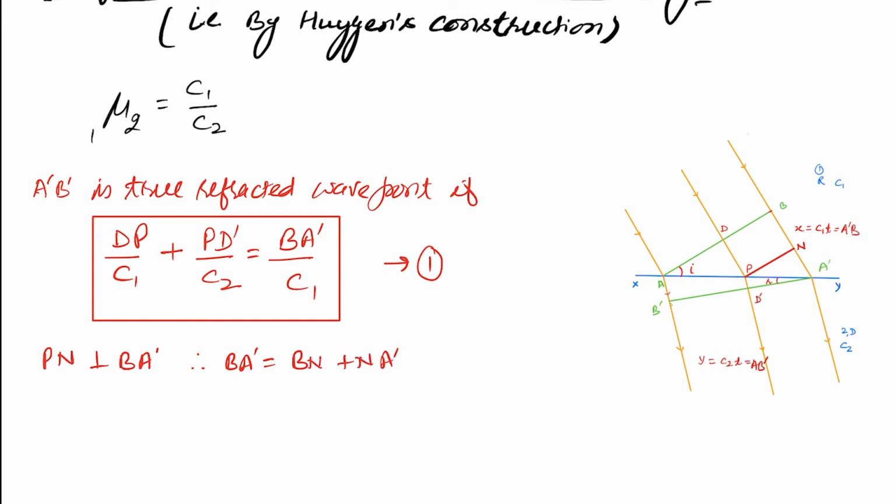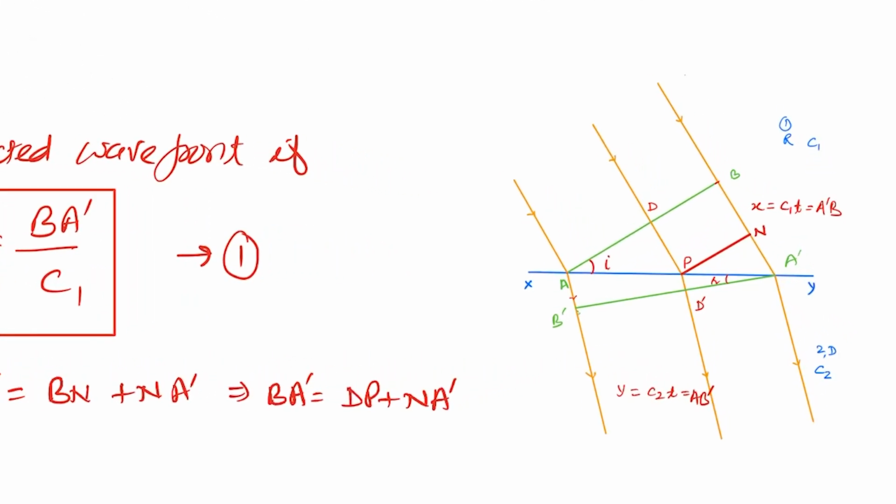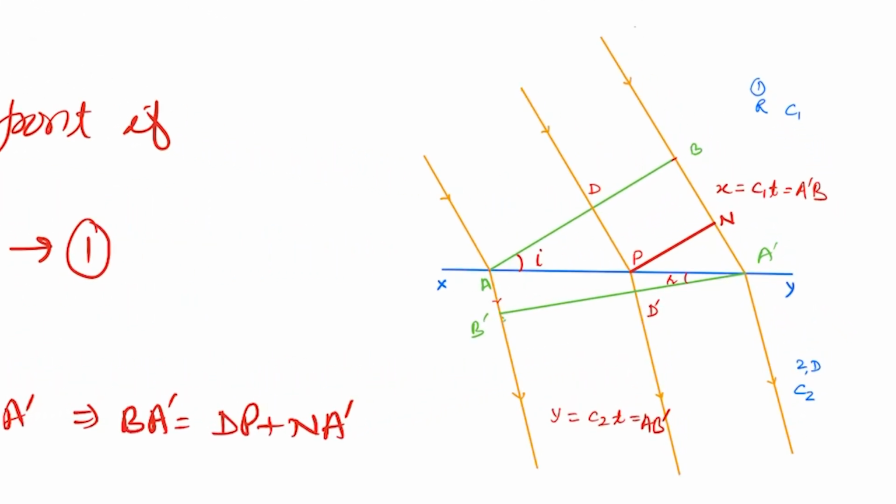This implies that BA dash is equal to dP plus NA dash, because BN is equal to dP. You can see from here that BN is equal to dP.